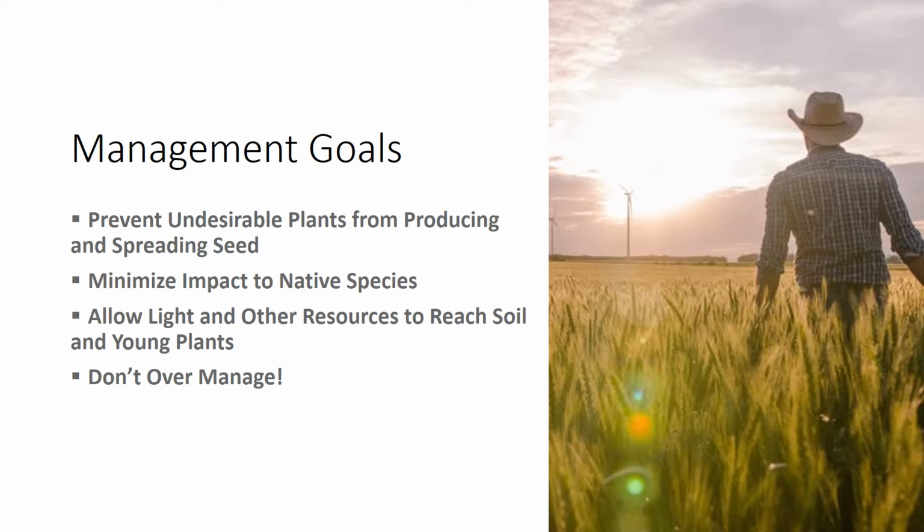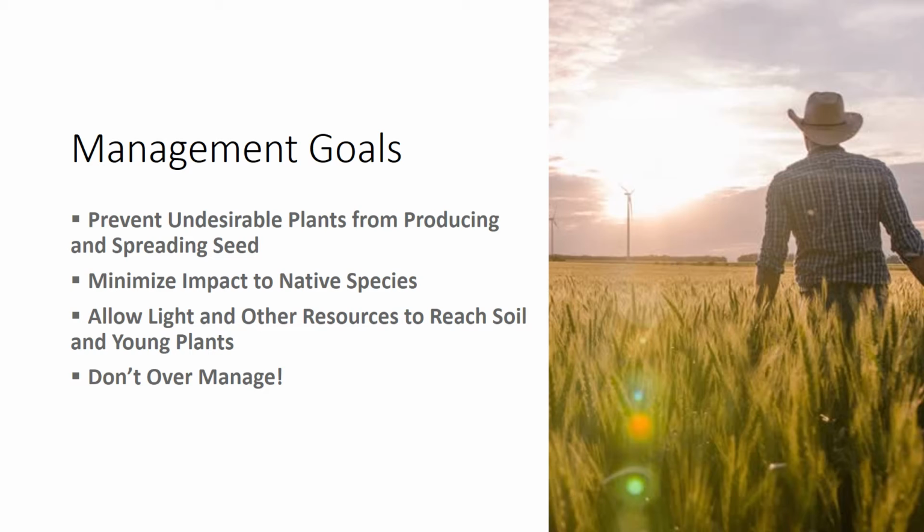Most of your plants that are an issue tend to be annuals the first growing season, so a lot of your agricultural weeds and such. So by preventing them from producing more seed and dropping it into the seed bank where they might be viable for hundreds of years is a good idea, and it's going to help you make sure that your long-term establishment takes place the way you want it to.